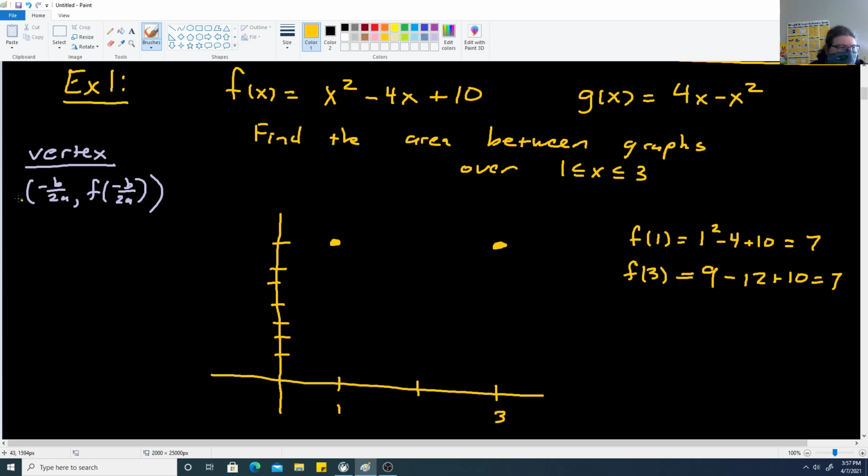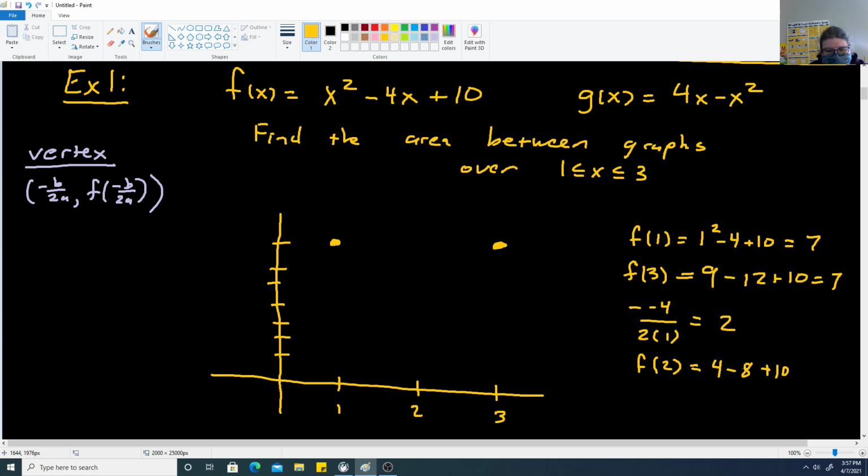I'm going to do negative b over 2a to figure out the x value of the vertex, and then I'll plug that in to figure out the y value. So I get negative 4 over 2 times a, the number in front of x squared, which is 1. This is going to be 2. So I know the x value of the vertex is at 2. Then to get the y value, I figure out what's f of 2. 2 squared is 4. Negative 4 times 2 is negative 8, plus 10.